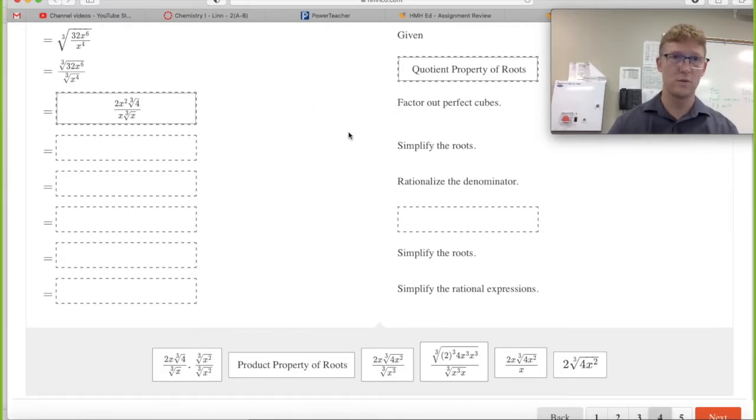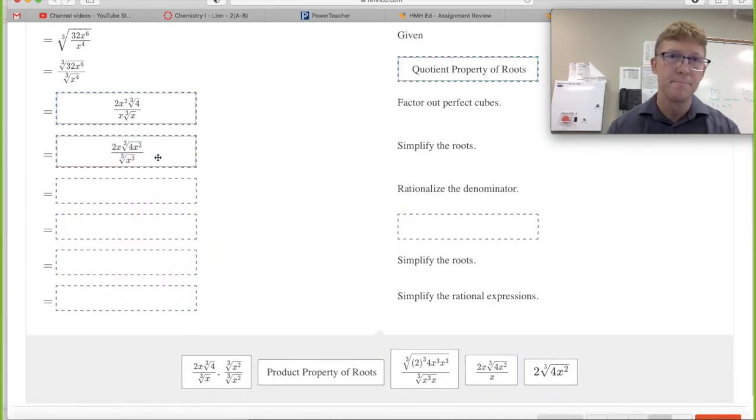Simplified the roots. Where did we simplify the roots? So we got an x squared on top, an x on bottom. Okay.